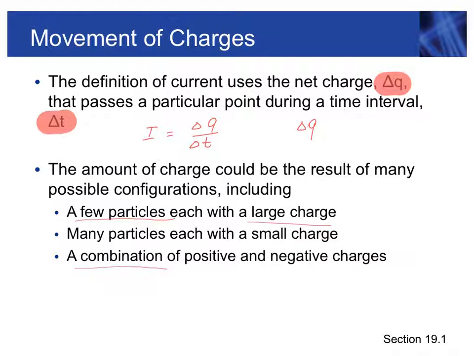So think about it this way: we have electrons going this way, and we have one positively charged proton going this way. So we're going to have a current in this situation equal to 1 electron per this amount of time.